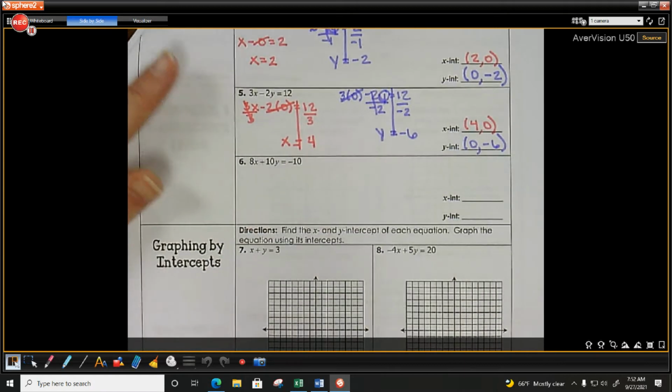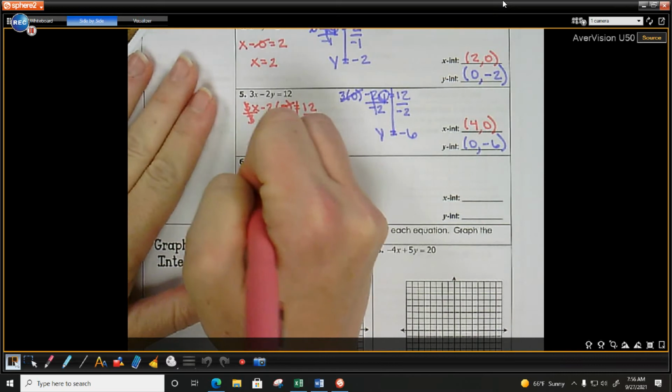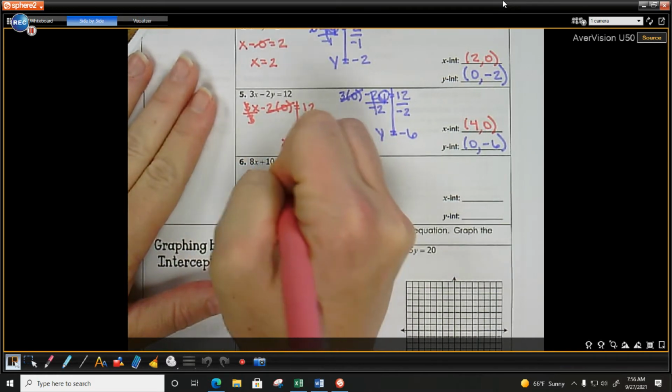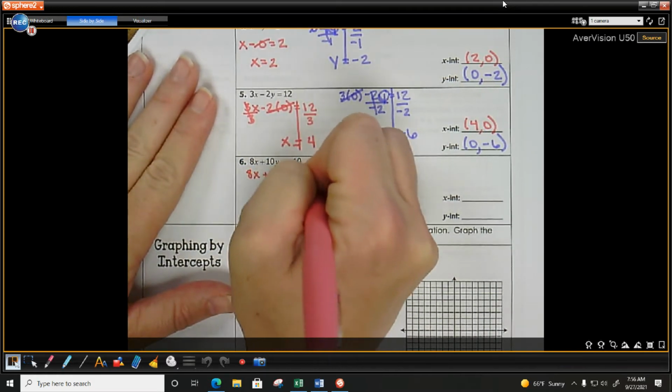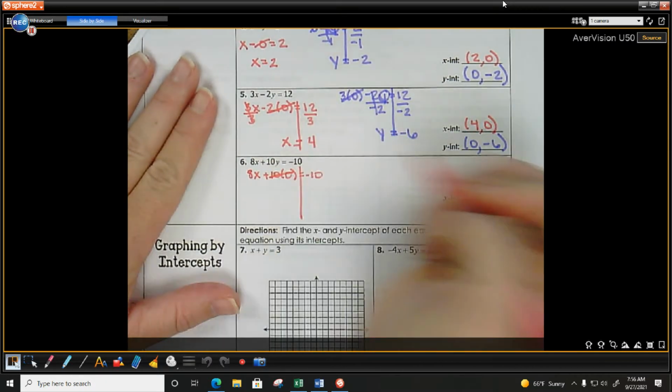Do y'all think you can do number 6 on your own? Okay, do number 6 on your own. Okay, let's look. To find my x, I replace y with 0. So it's going to be 8x plus 10 times 0 equals -10. Well, what is 10 times 0? Okay, so I need x by itself.